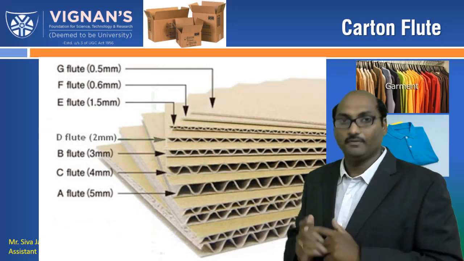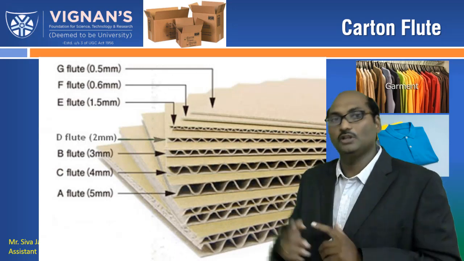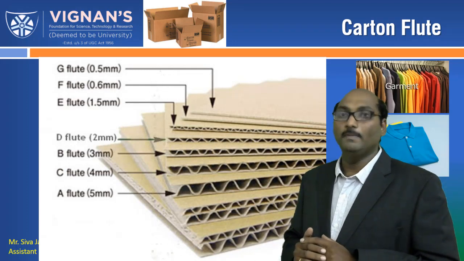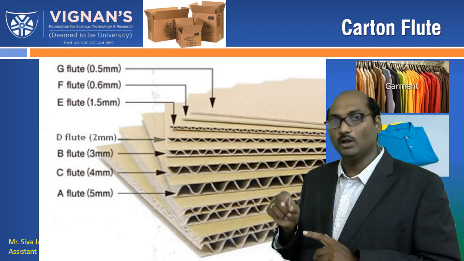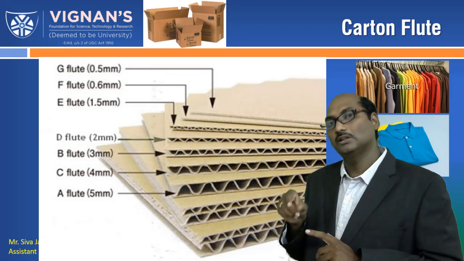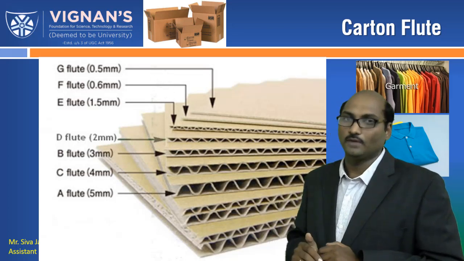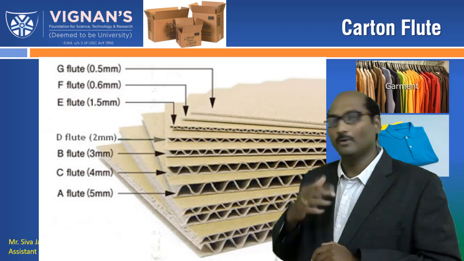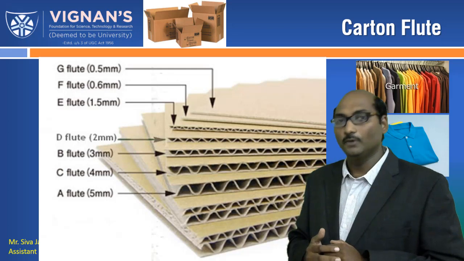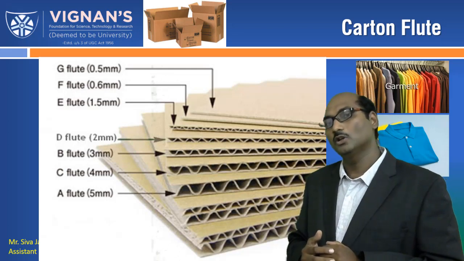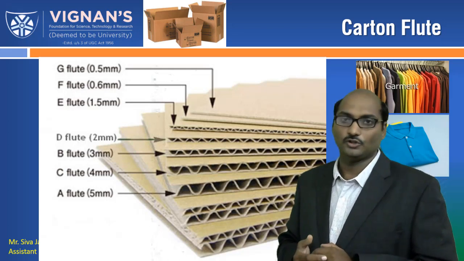One pitch, the frequency, is nothing but the flute. The bigger the flute, the more volume it has. The smaller the flute, the less thickness or volume it has. For insulation purposes and various other things also come into the picture. Depending upon the flute density, the strength is also going to change.